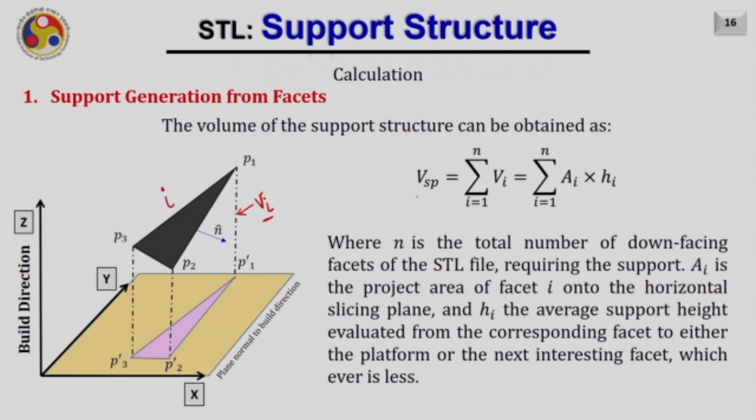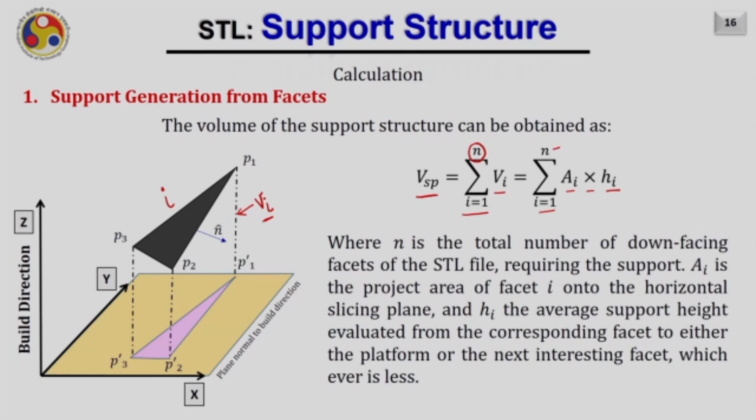Hence, the support volume for the entire object can be given by summation i equals 1 to n of Vi, which equals summation i equals 1 to n of Ai into Hi, where of course n is the total number of down facing facets of the STL file that require support.